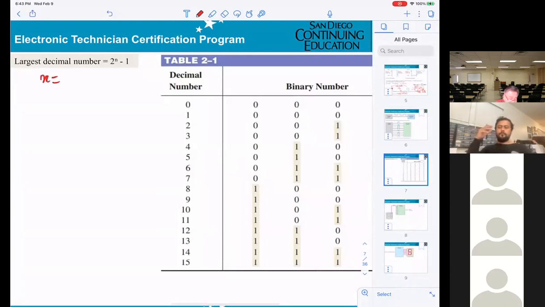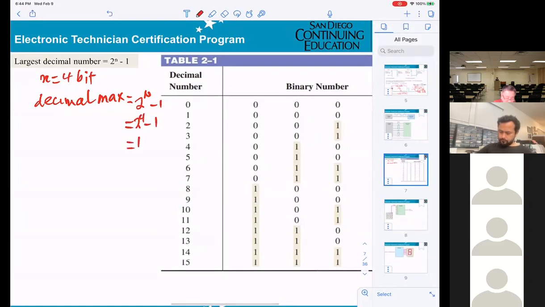If n equals 4 bits, then the maximum decimal equals 2 to the power of n minus 1, meaning 2 to the power of 4, which is 16, minus 1. And that's why you get 15 decimal max. If you get a 4 bit, then the maximum number you can get will be 15 decimal. That's how come you get here.